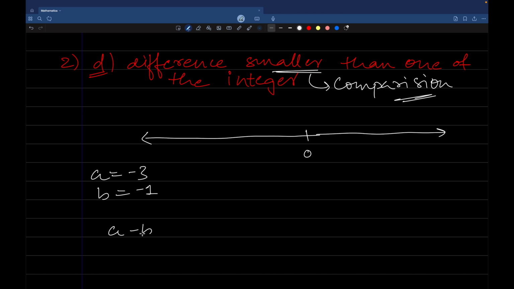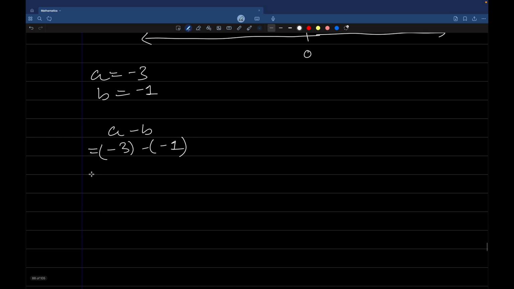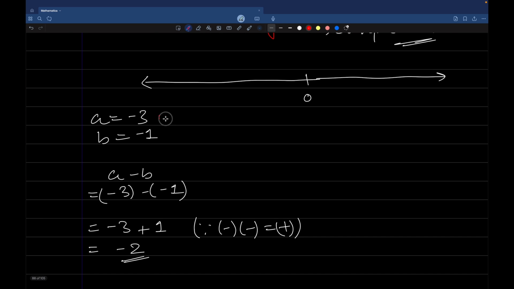We have the difference a minus b equals -3 minus of -1, that is equal to -3 plus 1, that is equal to -2. Minus into minus is plus. So the numbers to compare are -3, -1 and -2.